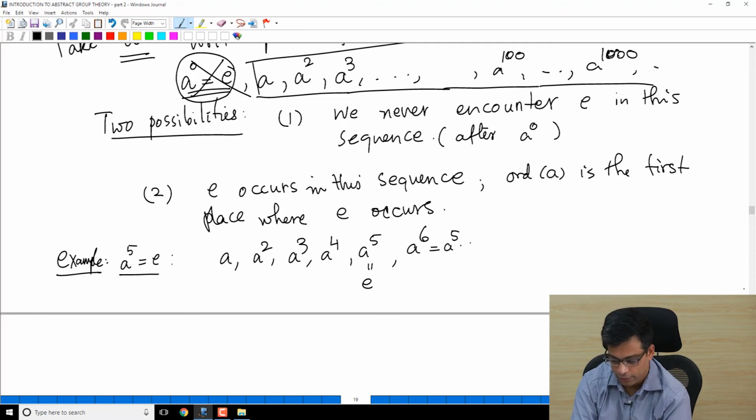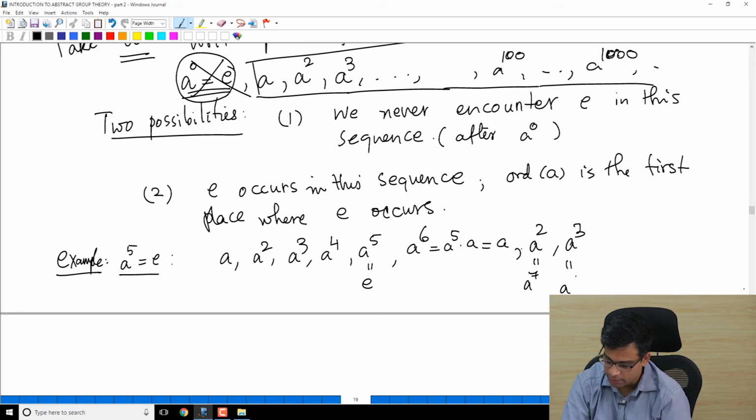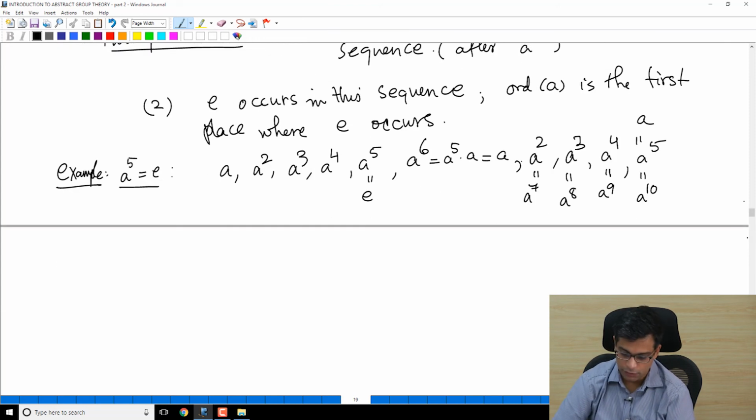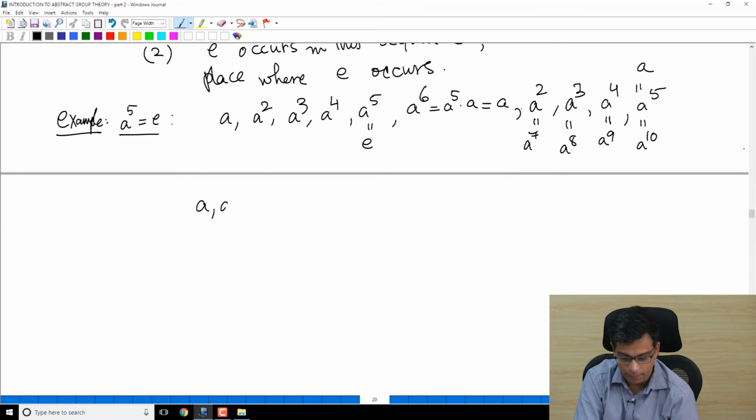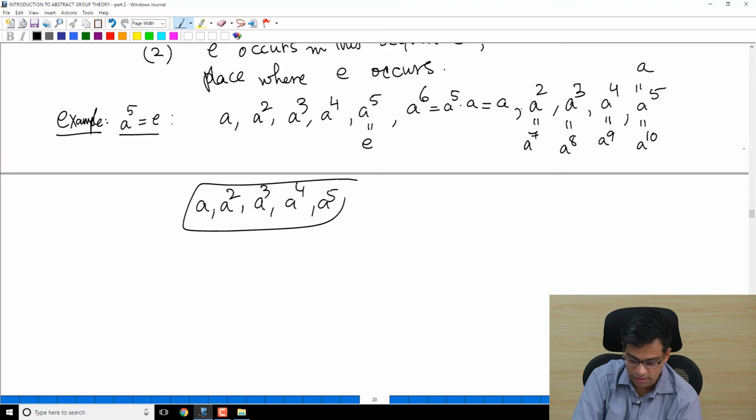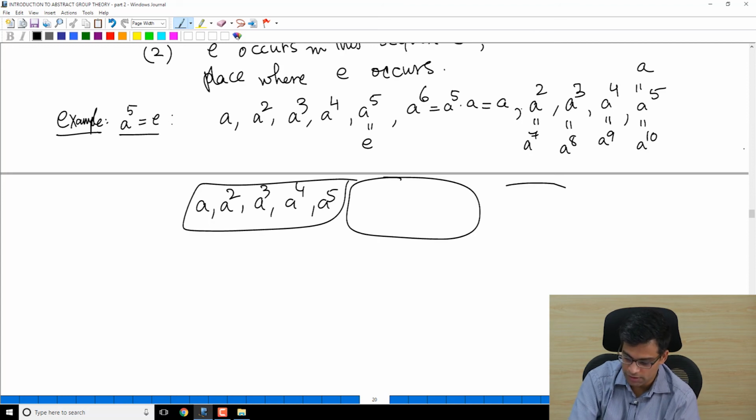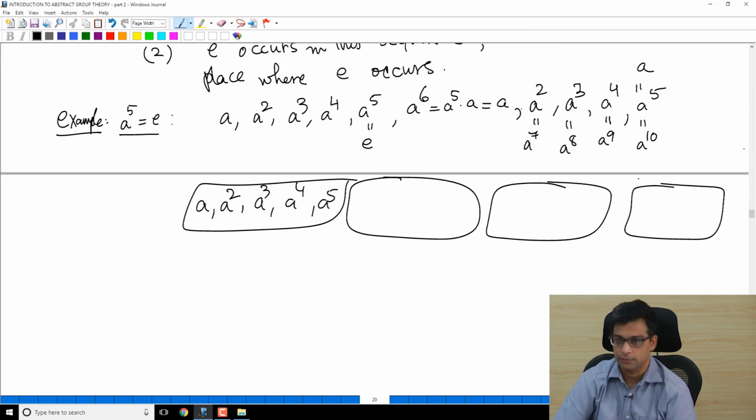This is just A power 5 times A, so this is just A. The sixth element is again A, then A squared, A cubed. This is the same as A power 7, this is the same as A power 8, A power 4 is A power 9, A power 5 is A power 10, which is again equal to E. So the sequence is just repetitions of this block, which keeps repeating forever.